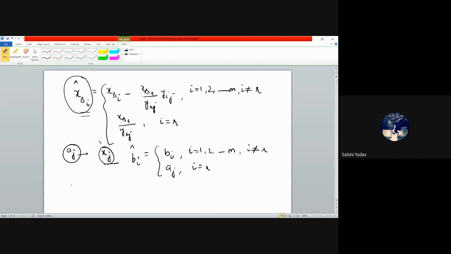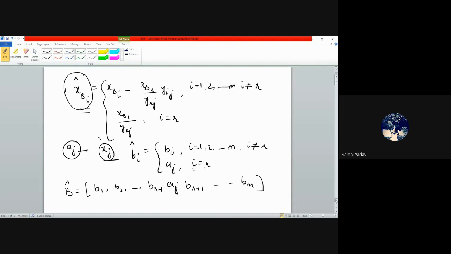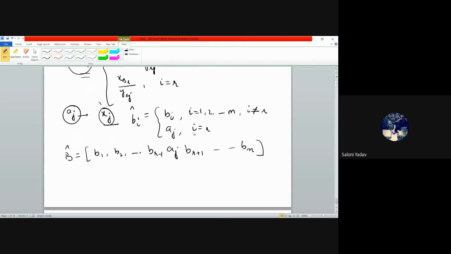That means we have defined a new set B cap, which is nothing but B1, B2, up to BR minus 1, then when I is equal to R, you have AJ. Then for R plus 1 till BM, they remain the same, right? So this B cap now is a new set of bases.